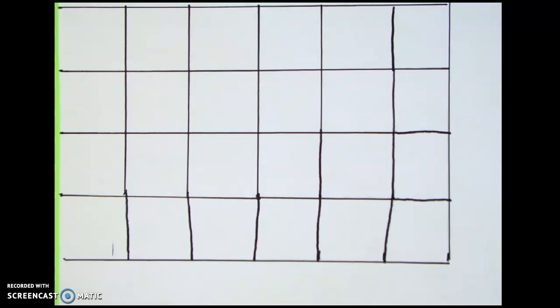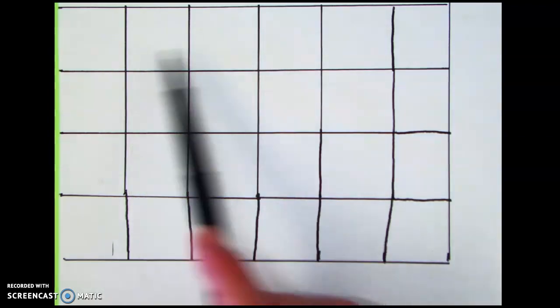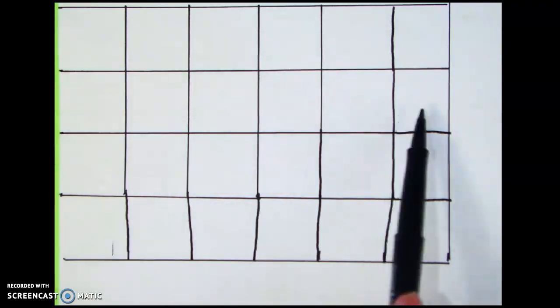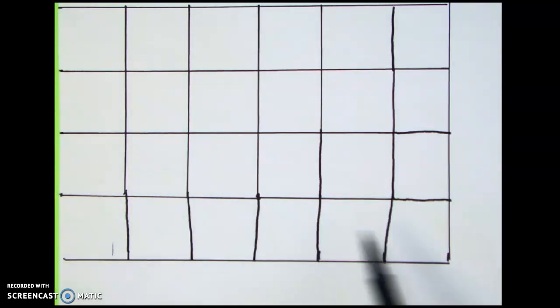So how many rows of 6 are there in my array now? Let's count. 1, 2, 3, 4. There are 4 rows of 6. If that's what you said, great job.